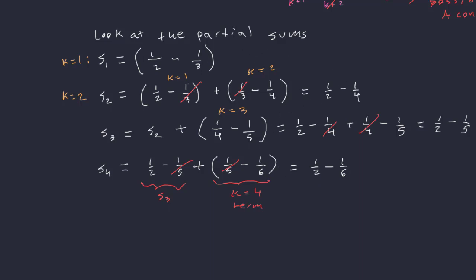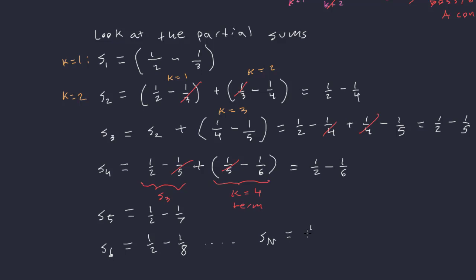So it looks like we have a pattern brewing. I would, without much calculation, suspect that S5 is going to be 1/2 minus 1/7. Because we go 1/2 minus a third, 1/2 minus a fourth, 1/2 minus a fifth, 1/2 minus a sixth, 1/2 minus a seventh. S6 should be 1/2 minus an eighth. And it looks like we could get a pattern for S sub n from this.